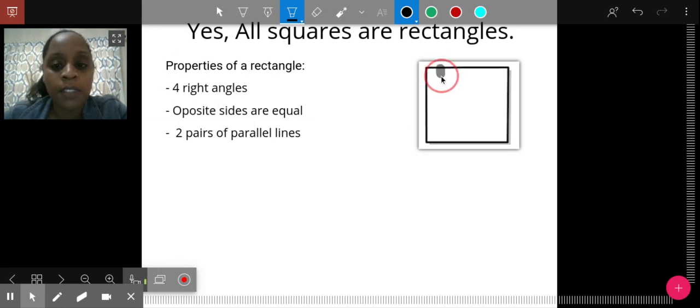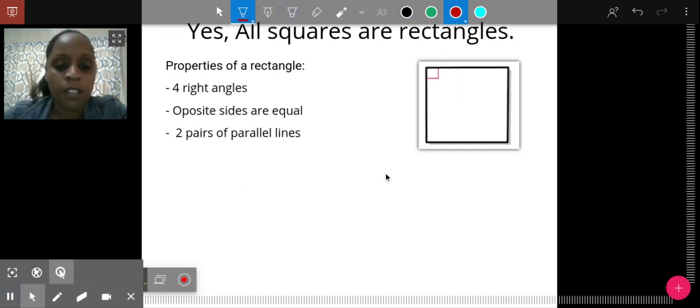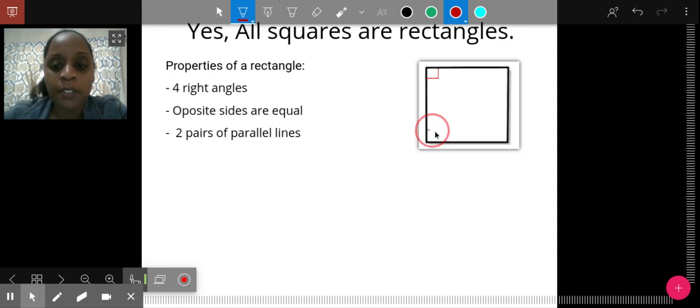Yes. The angles are here, right? Right angle right there. You also have a right angle down here. You have a right angle here. So all angles in a square are right angles. So you have 4 right angles. So we'll give that a check.